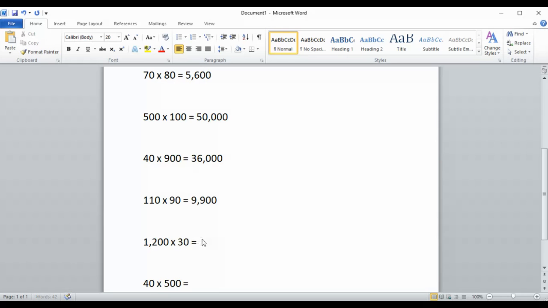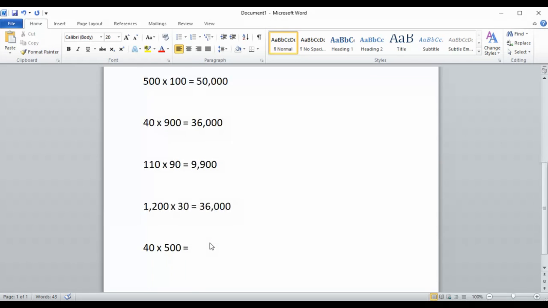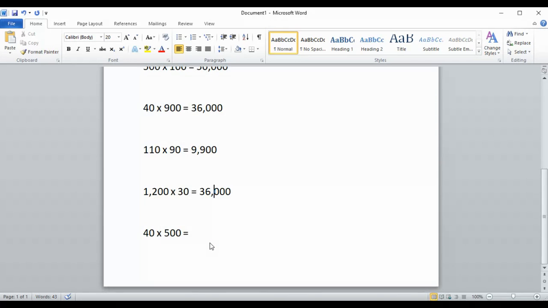What is 12 times 3? 36. And how many zeros do we add? 1, 2, 3. And our last step is to put in the comma for 36,000.